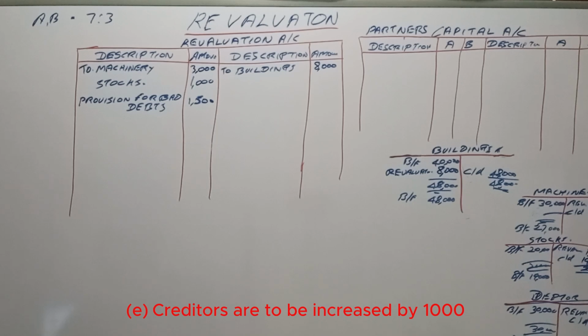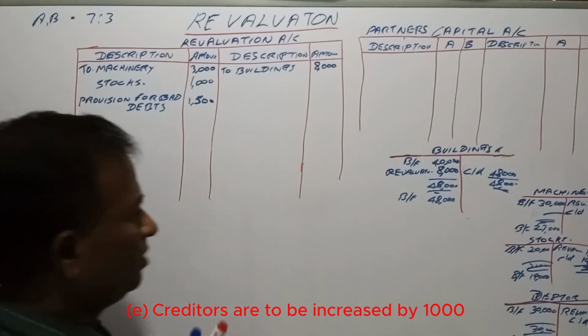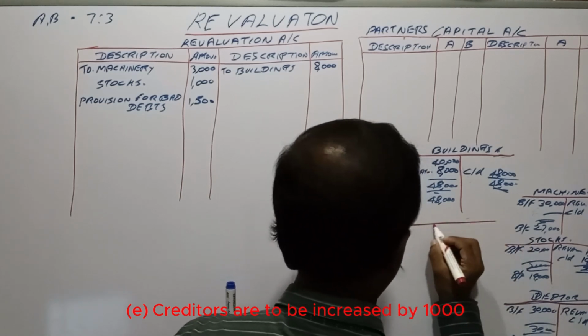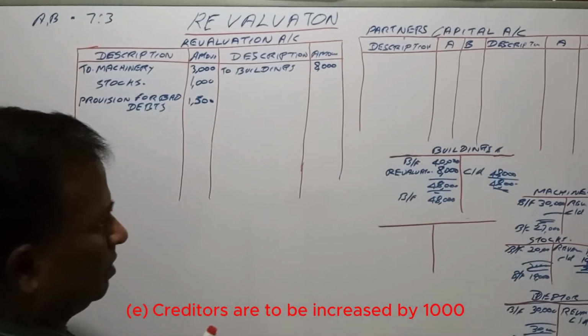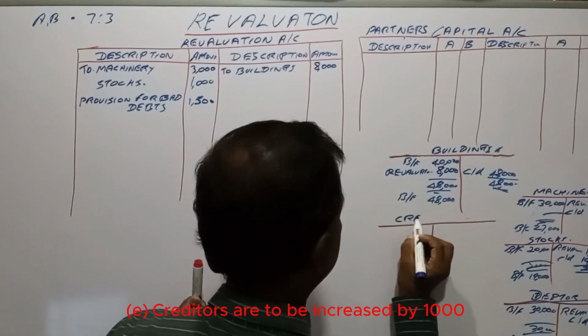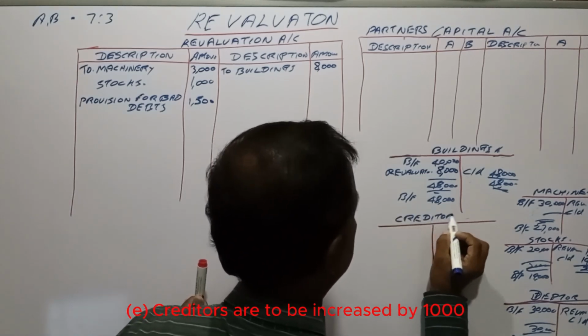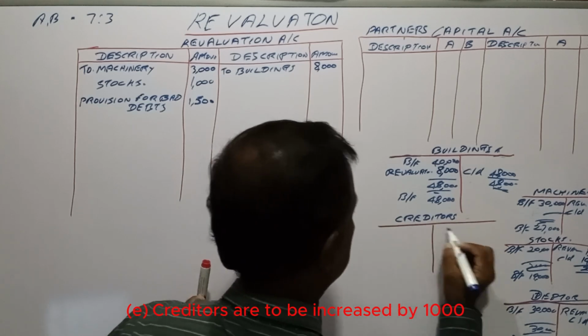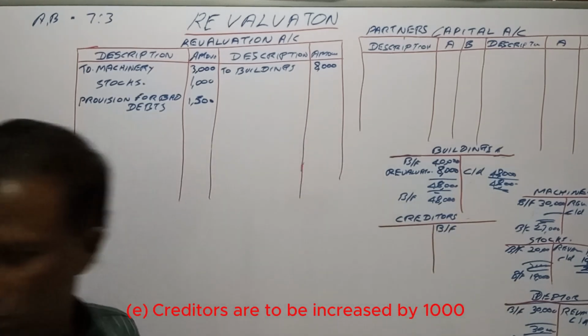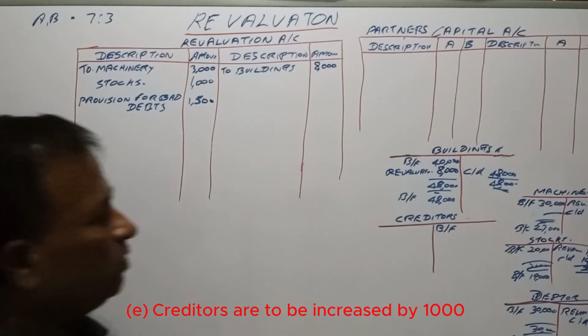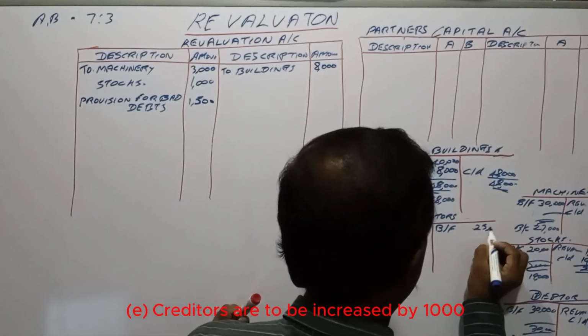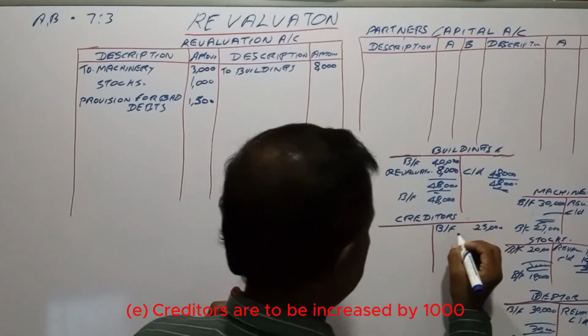And the last adjustment is creditors are to be increased by 1,000 rupees. Already creditors are 25,000 brought forward. It has to be increased.